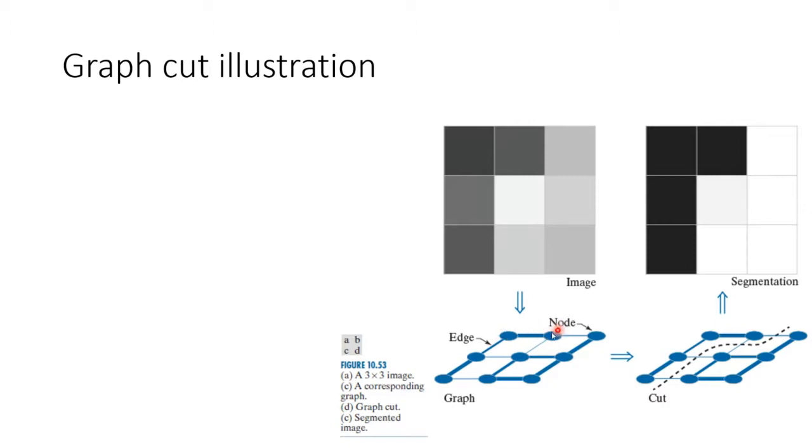The weight is represented as the thickness of the edge, so this will be thicker, right? The edge connecting this pixel to that other pixel will be thicker than the edge connecting this to that. So the distance from this intensity to that intensity is larger. So that will be a very thin edge. And the same thing for every pair of adjacent pixels.